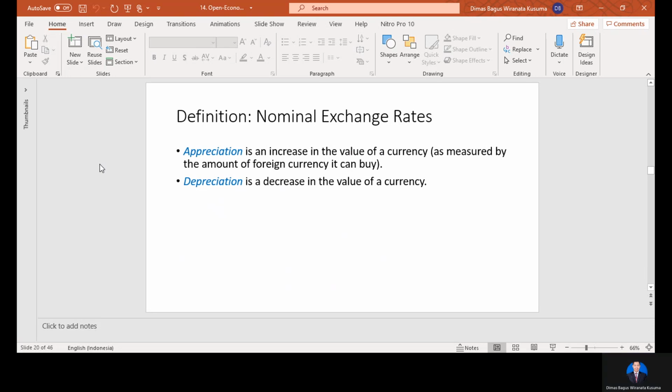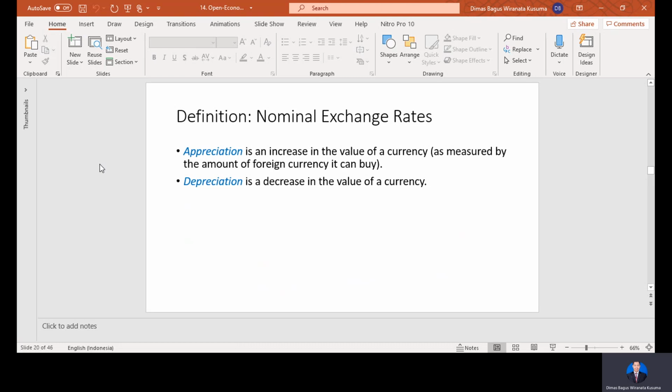Depreciation is a decrease in the value of a currency. 1 US dollar equals 10,000 and then 1 US dollar equals 12,000. So from 10,000 to 12,000 means depreciation in the Indonesian rupiah, or appreciation in the US dollar.